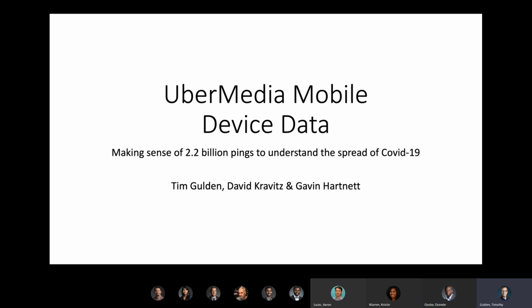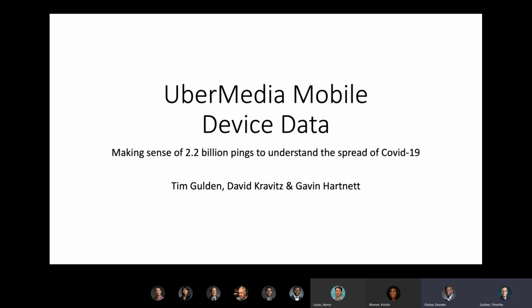Okay, so I'm working on several intersecting projects, most of which intersect in one way or another with Tech and Narrative Lab. The one I'm talking about today is an effort to take a whole bunch of mobile device data that we bought at a really reduced price from Uber Media, which is no relation to Uber, the car people.